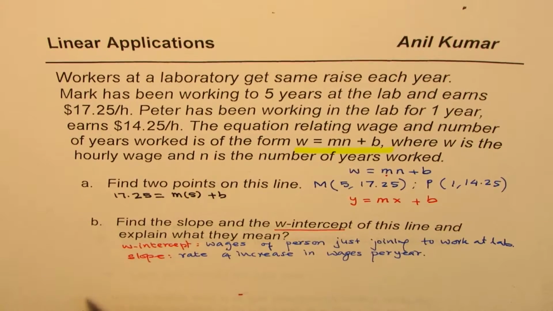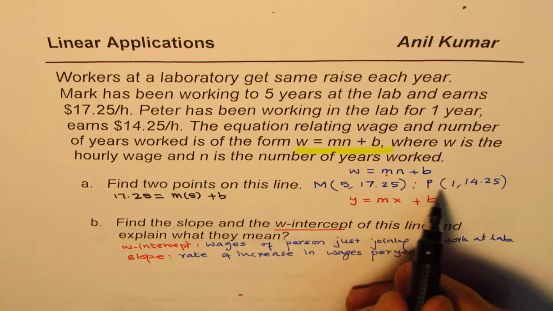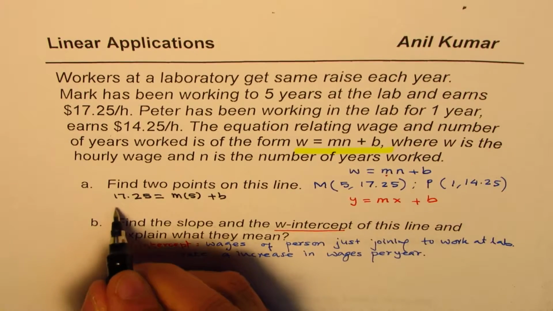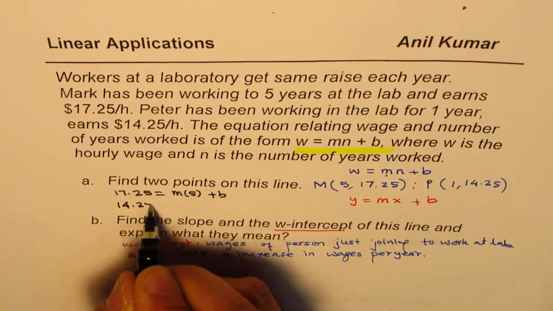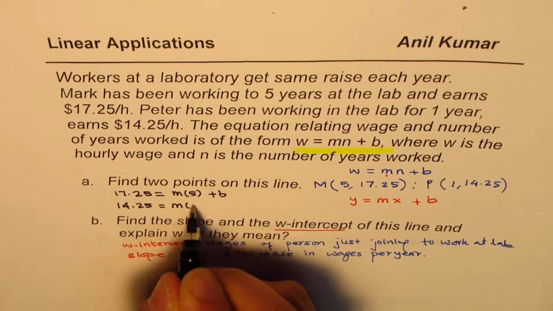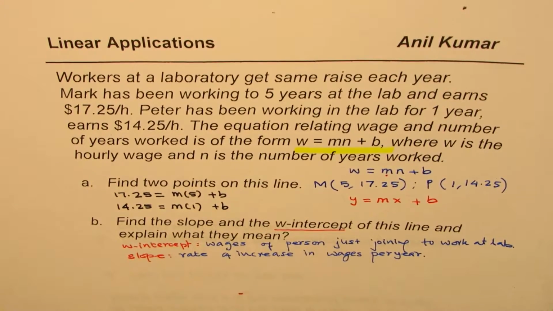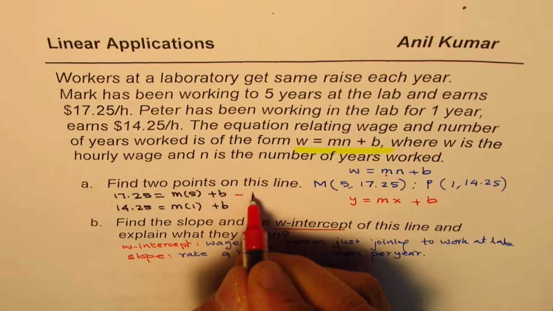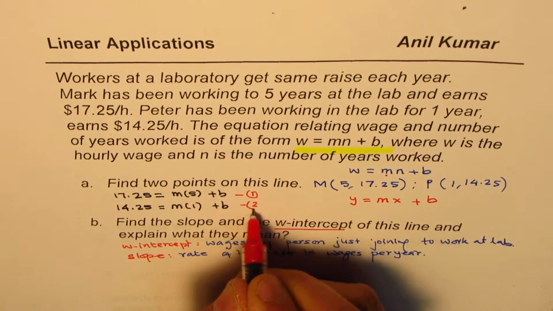This is my first equation. The other equation uses the other point: the wages are 14.25 equals m times 1 plus b. So from these 2 points I get 2 equations, equation 1 and equation 2.